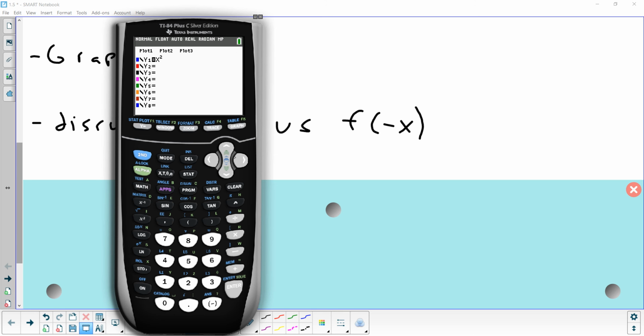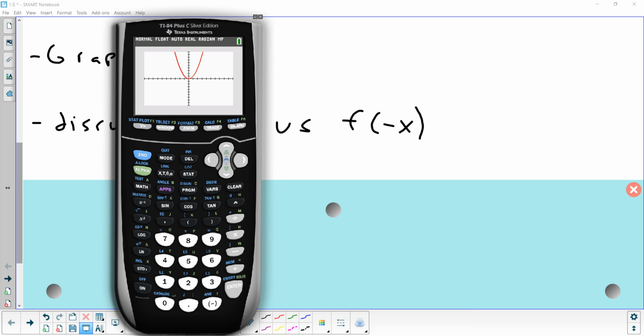And now, let's see what happens if we do negative x squared. Let's hit graph. Any difference? No, exactly the same thing.